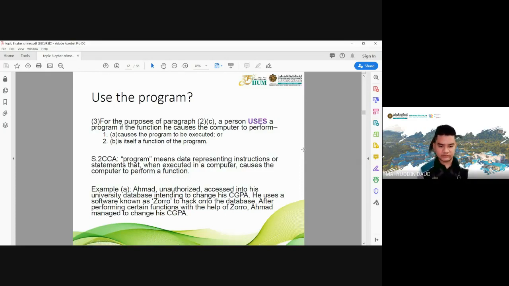After performing certain functions, with the help of Zorro software, Ahmad managed to change his CGPA. This is an example of using the program under this particular provision. Yeah? Program here means data representing instruction or statement that, when executed in the computer, causes the computer to perform a certain function.